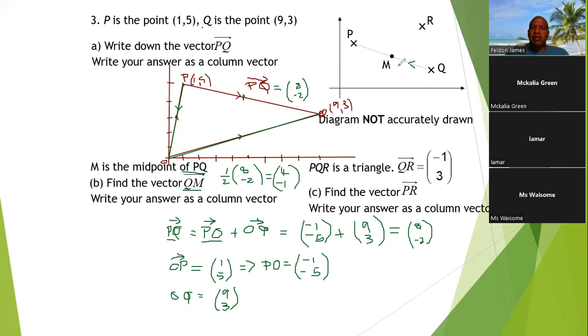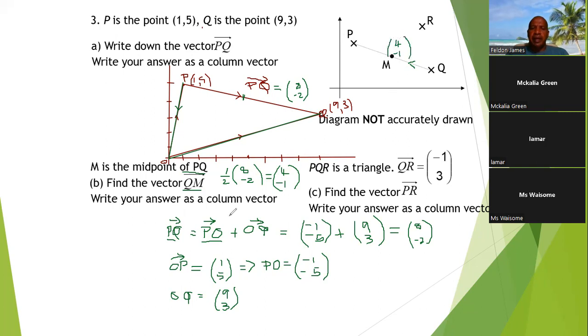Now if M is the midpoint of PQ, we're going from P to Q, you will get 8, -2. If you find the midpoint, the coordinates here would be 4, -1.